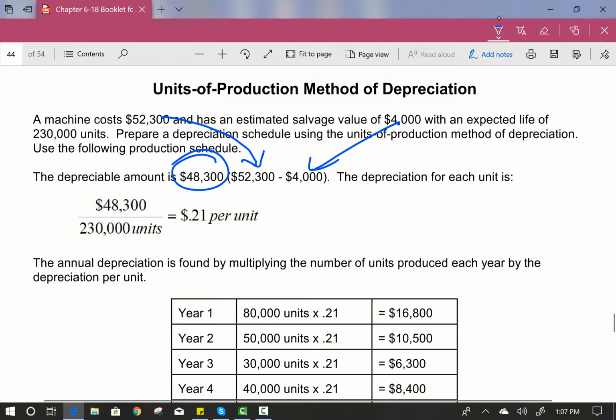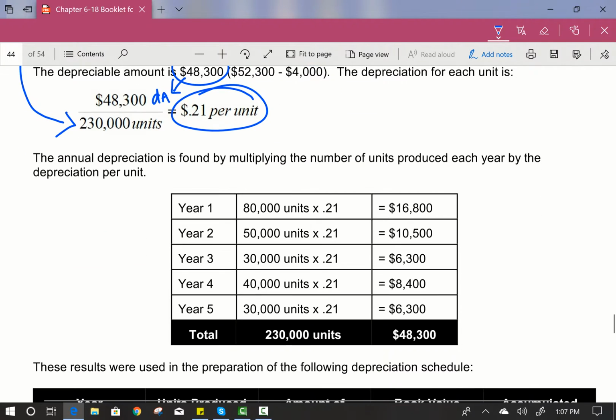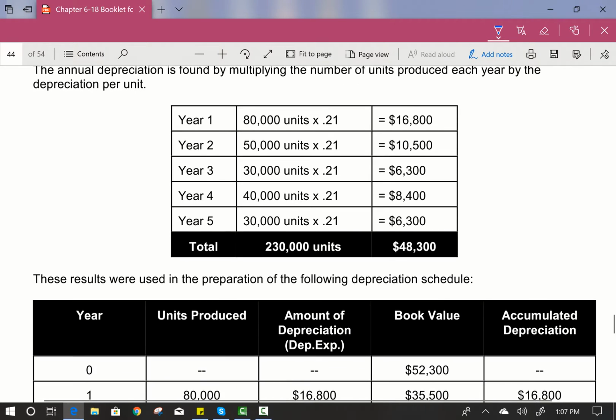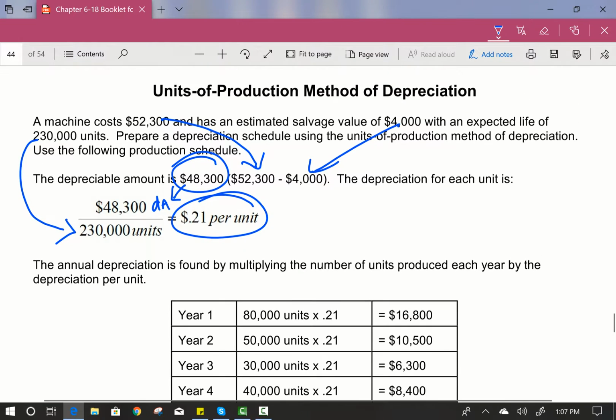Divide the depreciable amount of $48,300 by the total number of units that the machine is expected to produce in its lifetime, which gives you 21 cents per unit that it produces. So the annual depreciation is found by multiplying the number of units produced each year by the depreciation per unit. In this particular case right here, we have to make an assumption.